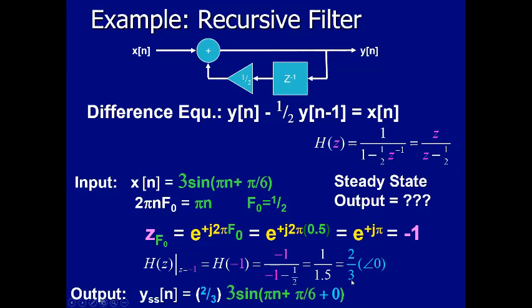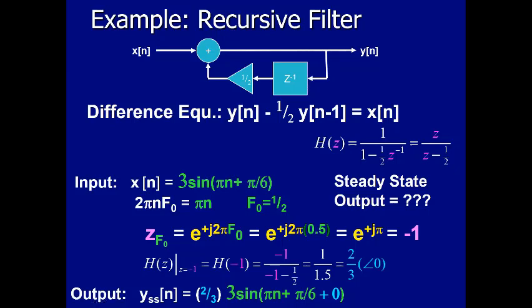Same answer. And so we can again take, just as we do with the frequency response, these complex values, scale the signal by the 2/3, shift it by the 0, and have the steady state response of the system.